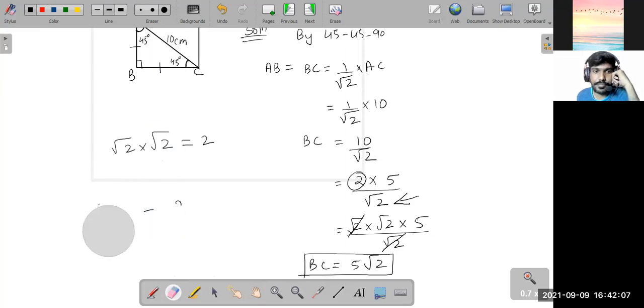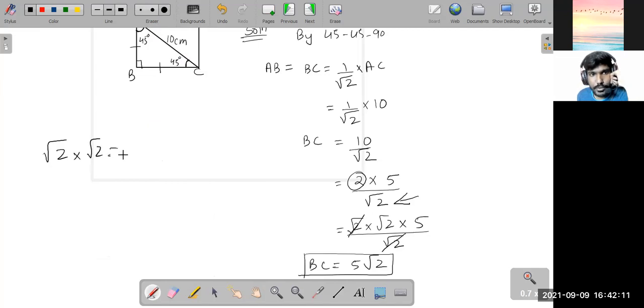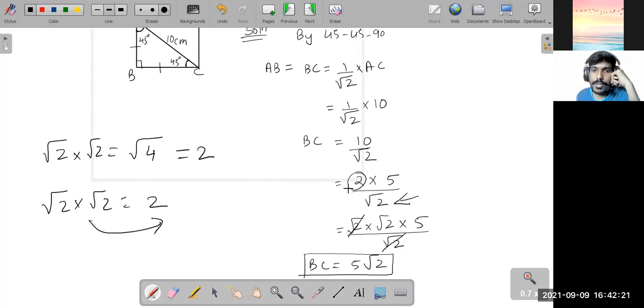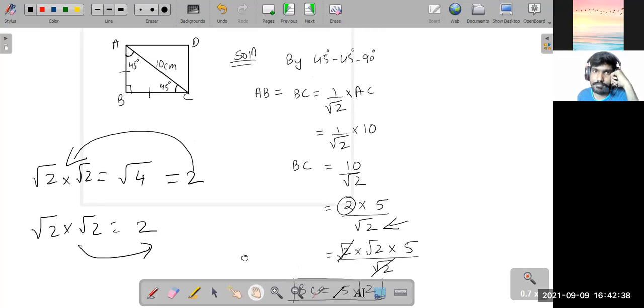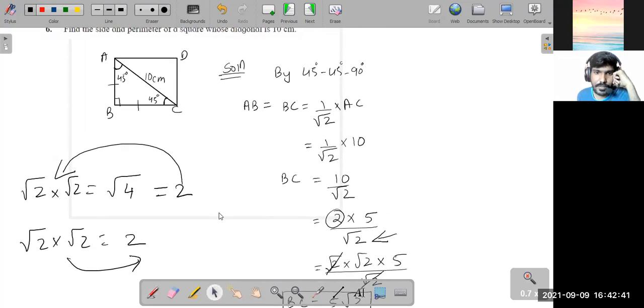Root 2 into root 2 is equal to 2. So you replace root 2 into root 2 with 2, not root 2 itself. So you cannot do that for root 2. See, this is replaced like this. Getting it?